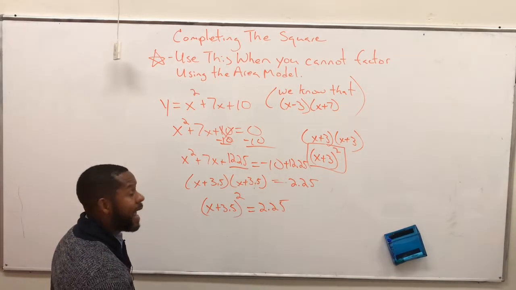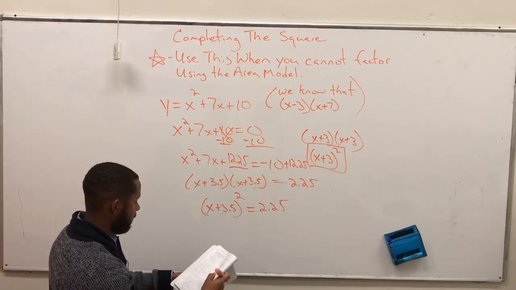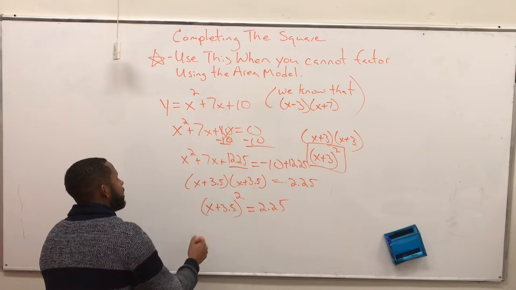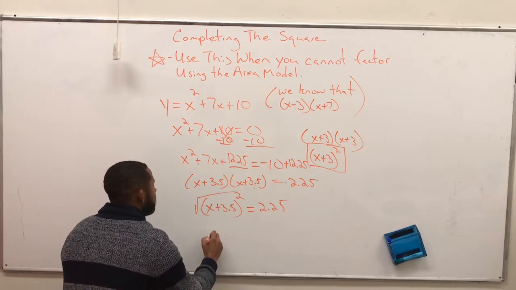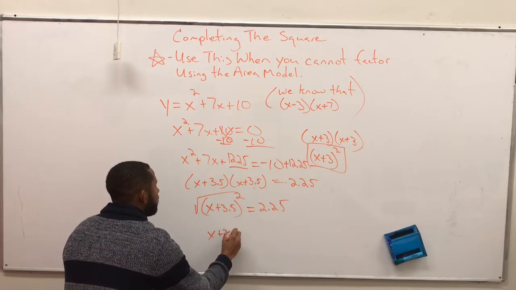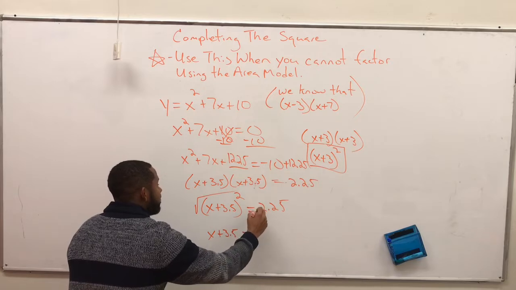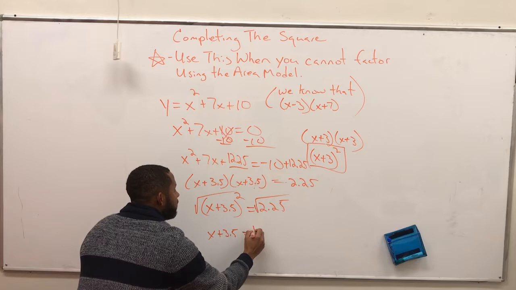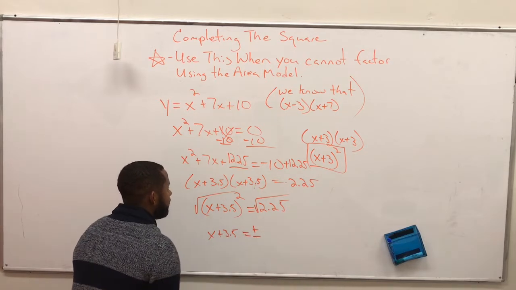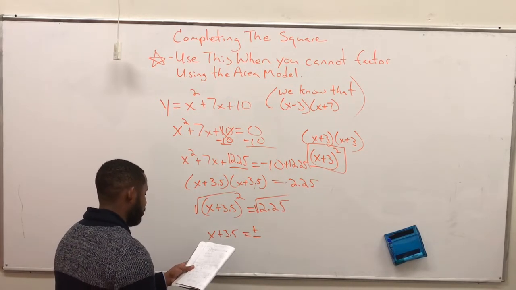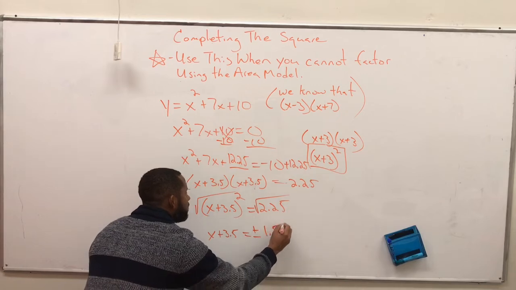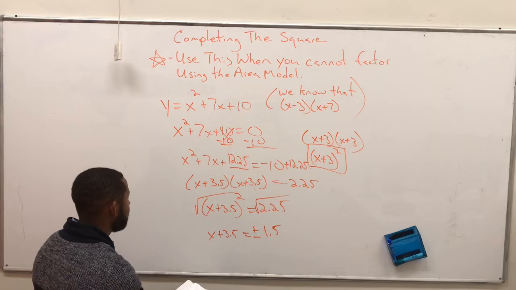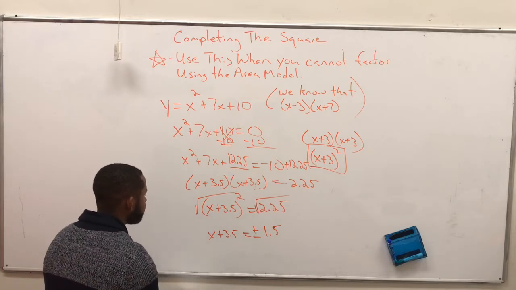Again, this is a lot of algebra. Now, how do I get rid of the square? I take the square root, and I'm left with x plus 3.5. If I take a square root on one side, I take a square root on the other side, so I get both positive and negative, and the square root of 2.25 happens to be 1.5. You can check all this in your calculators.